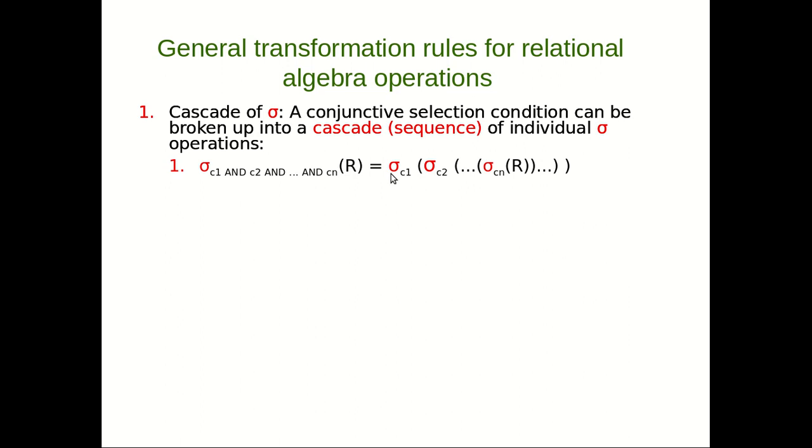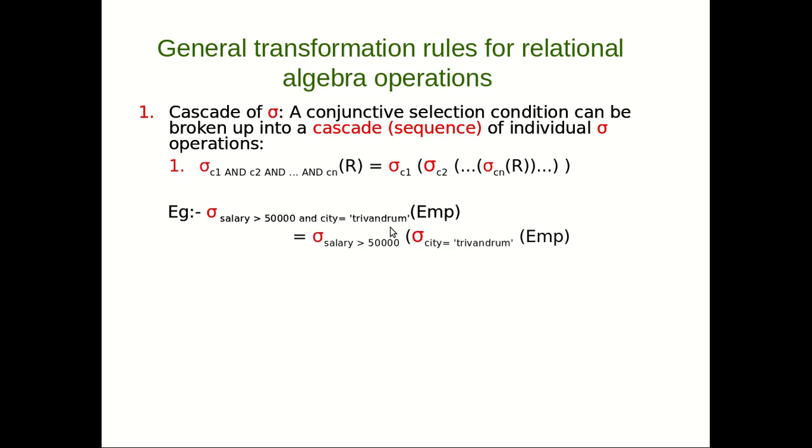That is what is possible. As an example, if a condition contains salary greater than 50,000 and city is equal to Trivandrum, that is a conjunctive condition having two sub conditions. We can apply the city condition first on employee, select city is equal to Trivandrum. The resulting relation will have fewer tuples when compared to the original one. You can apply the second condition on that one. This is the first rule that can be applied.